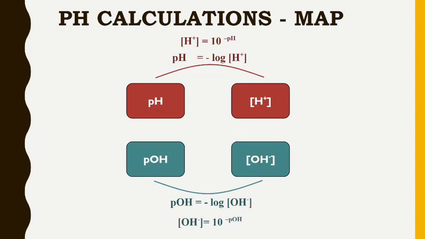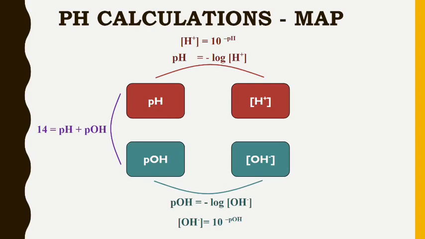And yet we might have some problems that give us some OH information and maybe ask us to find a pH. So we have to be able to bridge this gap. And technically there are two different ways we can do that. But the one I'd really recommend that you use, that isn't written on the equation sheet but is so easy to remember, is that 14 is always going to be equal to the sum of the pH and pOH.